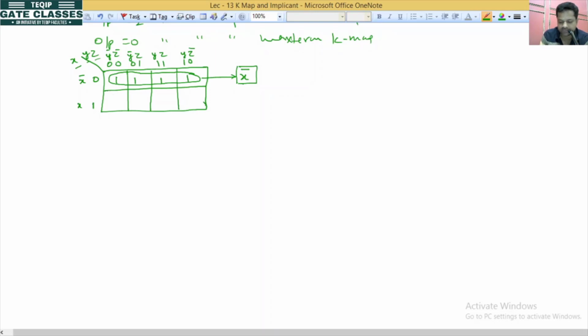Now I am going to discuss one table here that will tell you if you group a number of cells, then how many variables are going to be eliminated. So we have number of cells grouped, and here we have number of variables eliminated.